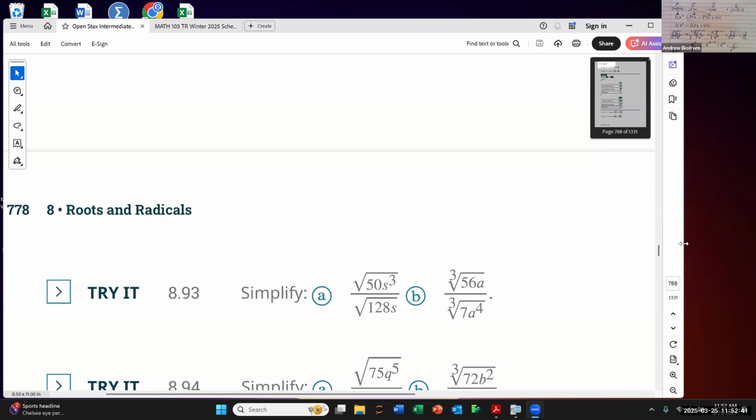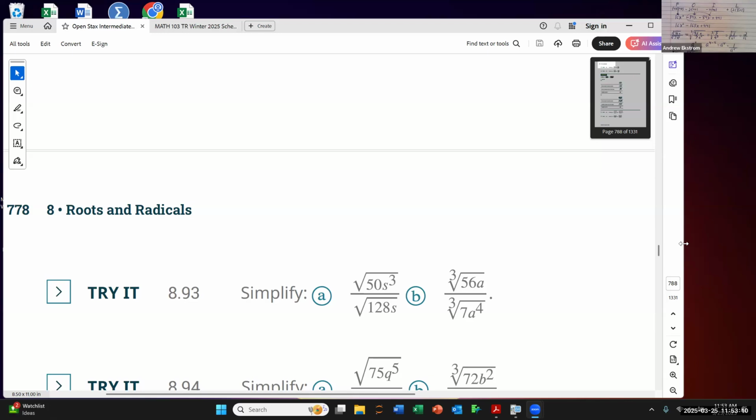you can say cubed root of 56a is going to be, again, cubed root. Break down the 56, so I have one value that's a cube and another value that's not. The only ones that work here are 8 and 7. Here, cubed root of 7a cubed, or a to the fourth.